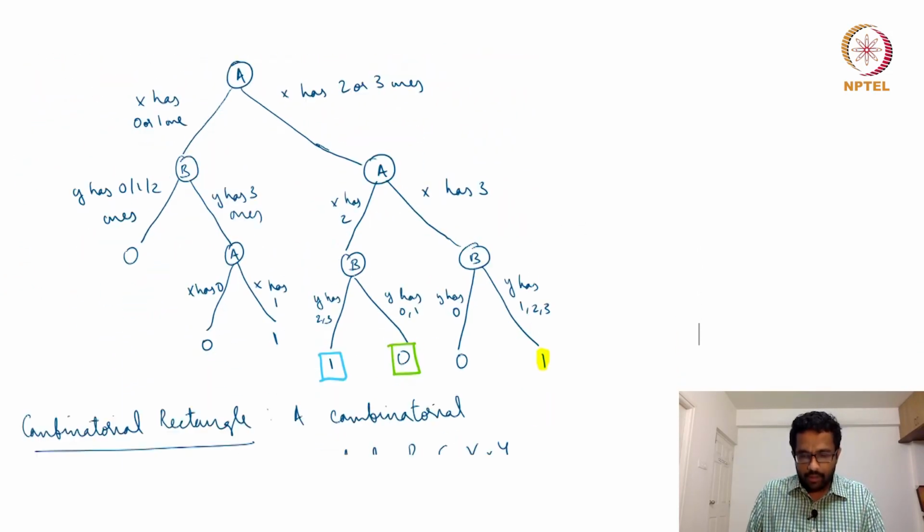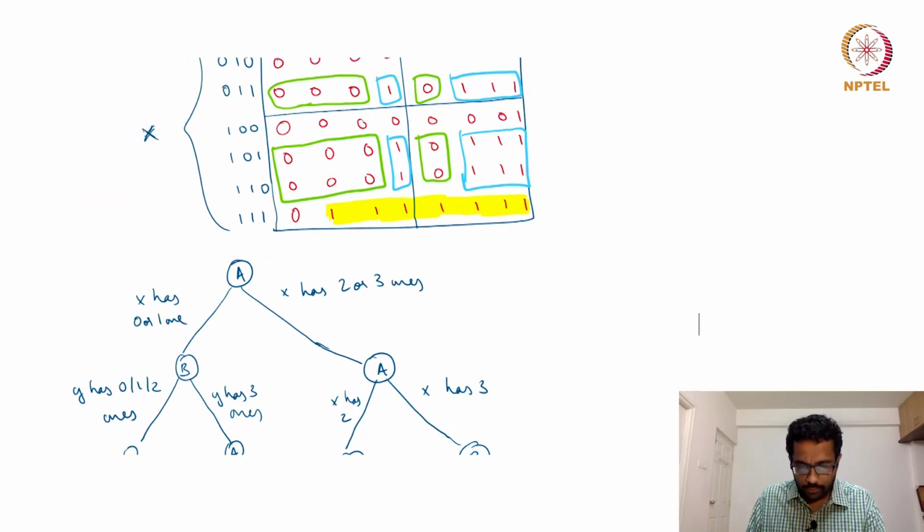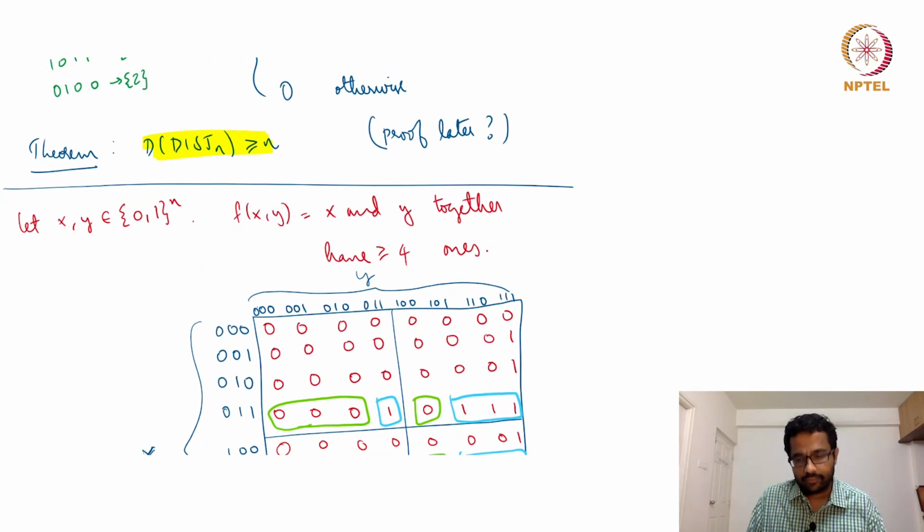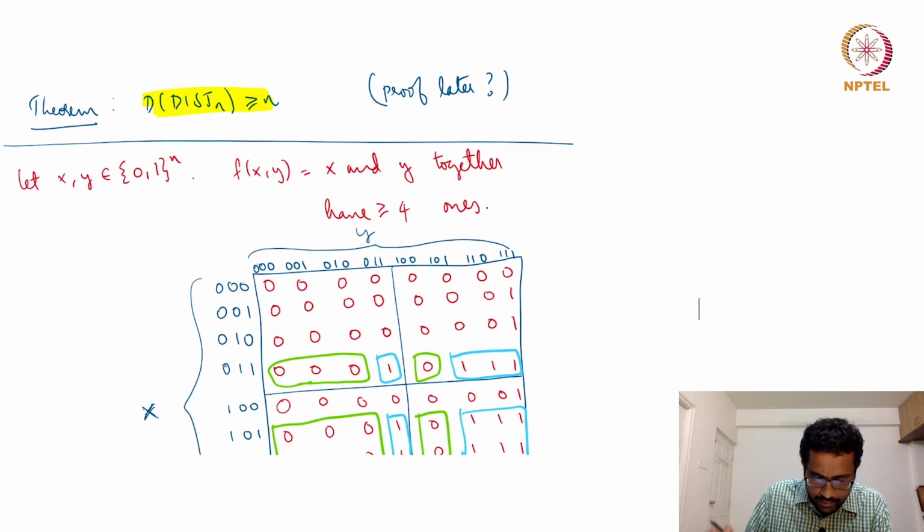Okay, before that, I want to define an important notion called combinatorial rectangle. So this is coming from the understanding of what is happening in a protocol tree. Okay, so consider this function. x and y are n bit vectors, and f of x, y is saying whether x and y together have at least 4 ones.